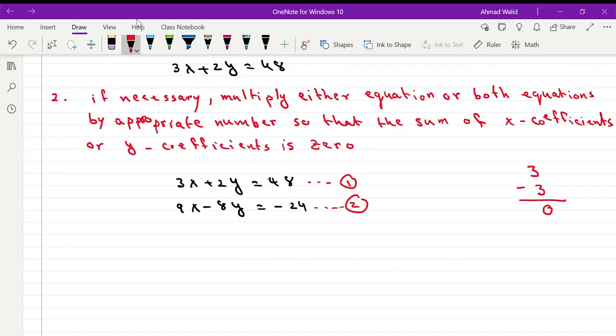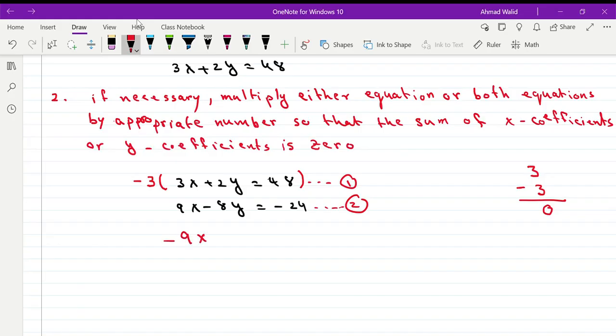To eliminate this variable x, I will try to find a number that multiplies with 3x and gives me 9x but with the opposite sign. Which number will that be? Negative 3, correct? If I multiply negative 3 times 3x, it gives you negative 9x.